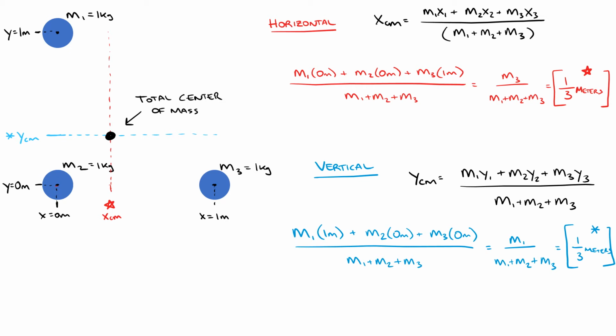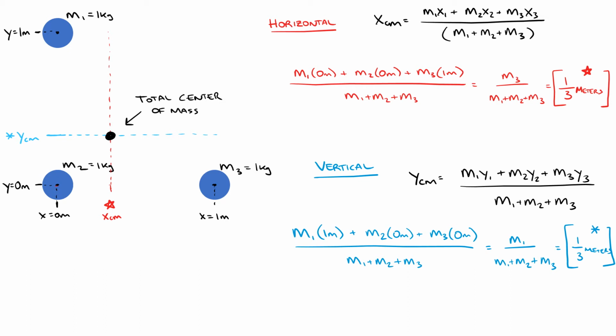Let's call this position right here 0. That's the origin. And let's call this height right here y equals 0. So we're basically putting the origin right on this mass. Okay. Let's find the horizontal center of mass.